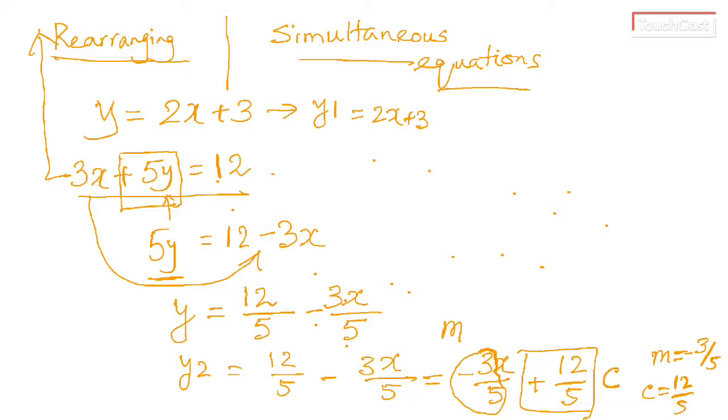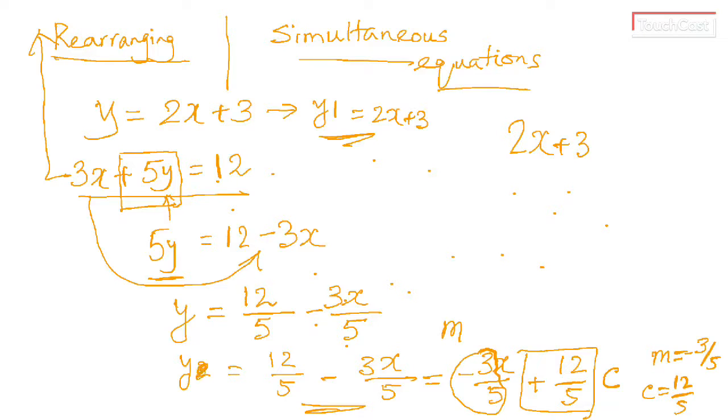Now, I know simultaneous equations are pretty involved subtopic, but I am going to show you how these two equations can be equated. See, y1 or y equals 2x plus 3, and also this is y.